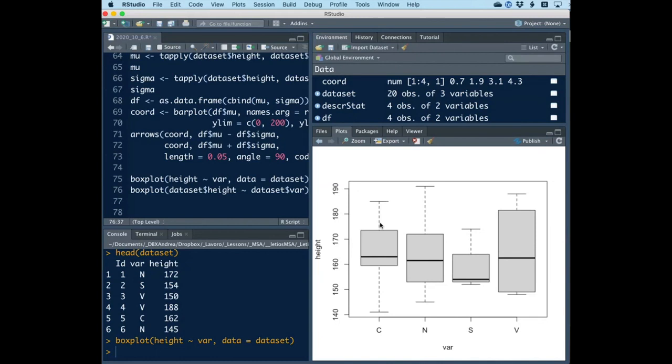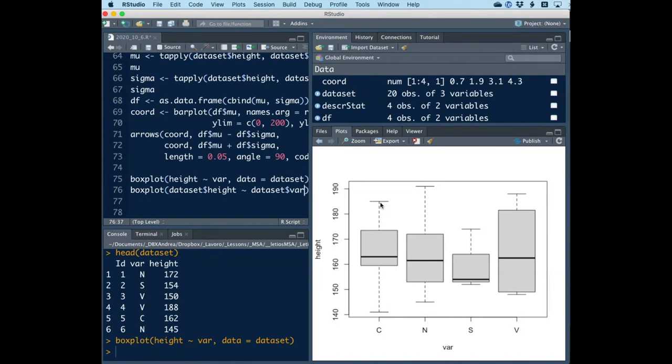And what are the whiskers? The whiskers show the minimum and the maximum value for each group. So you see that this boxplot gives us a lot of information because it says what is the minimum, what is the maximum, what is the 25th percentile, and what is the 75th percentile, and the median for each group.